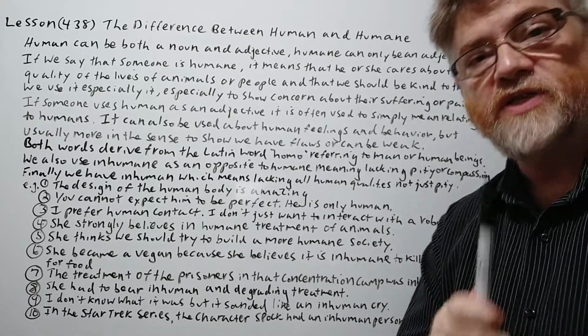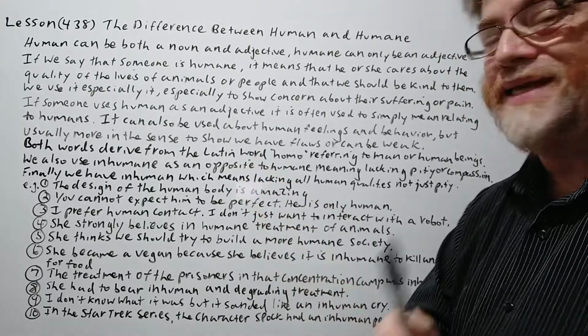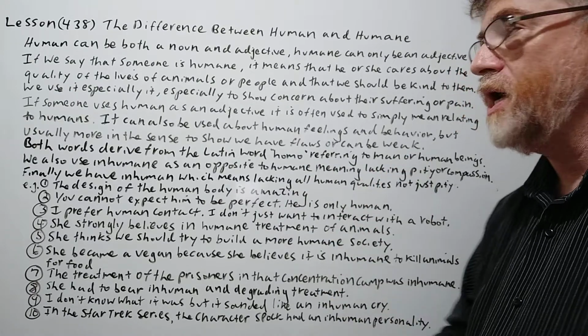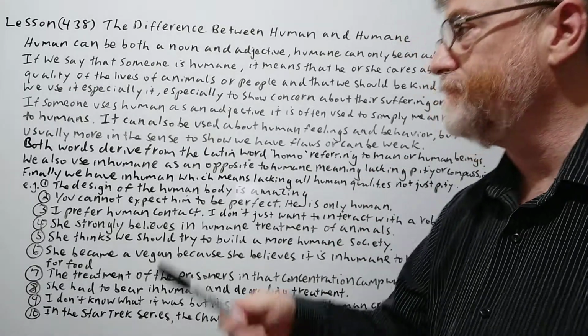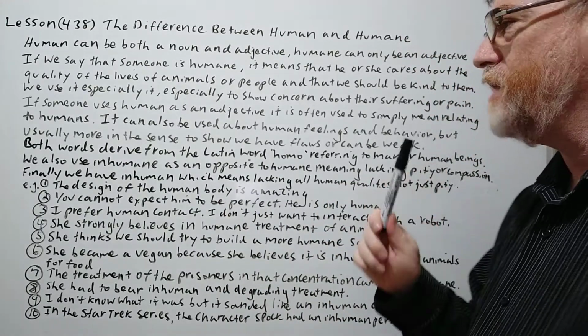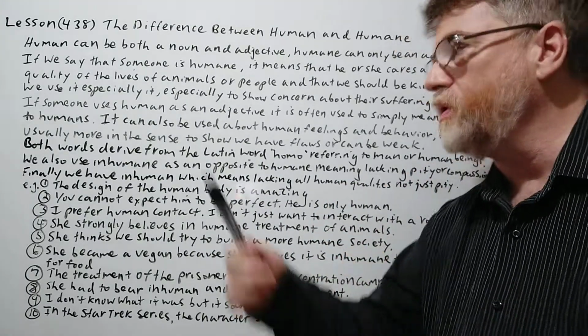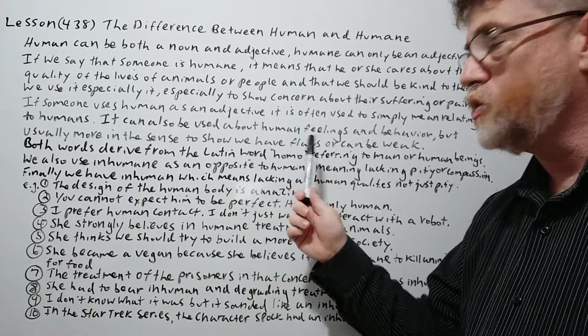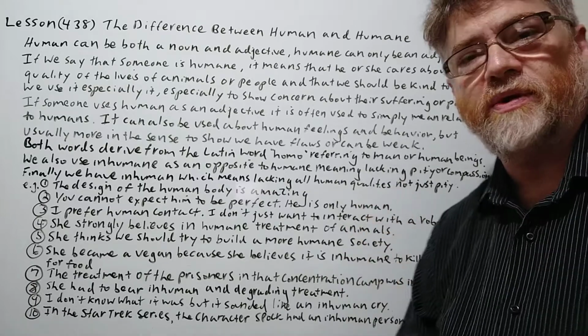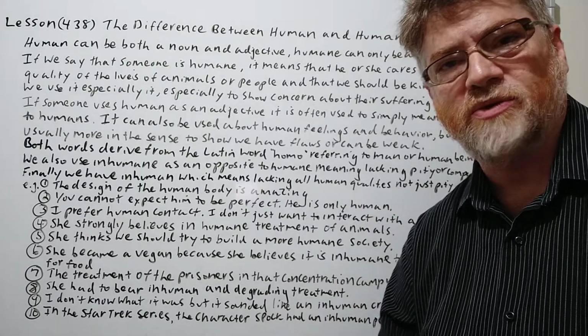If someone uses human as an adjective, it is often used to simply mean relating to humans. It can also be used about human feelings and behavior, but usually more to show that we have flaws, that we are weak, that there is something about us that has limits, or that we're not perfect.